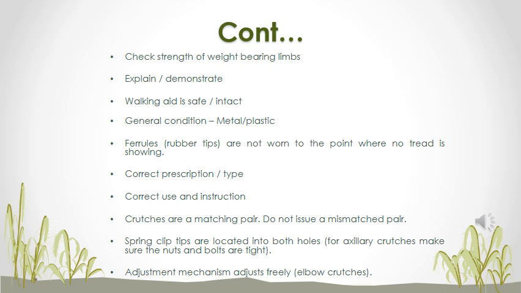So these spring clip tips and nuts and bolts should be tight before you start walking. And also, with elbow crutches, the adjustment mechanism should adjust freely. It's not always the case that you have to really push hard on the spring clip tip, but it should adjust freely and easily.